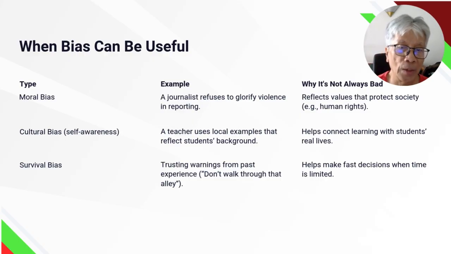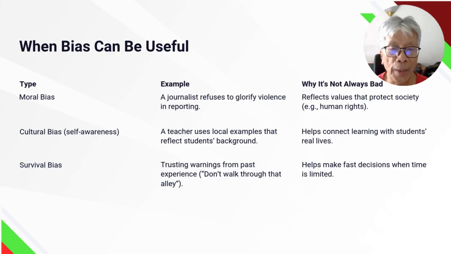Cultural bias, for example, a teacher using local examples that reflect student background. In the heat like this, in the middle of the day, for example, it's very difficult for students to read and concentrate. That's giving an example that helps to connect the learning with students' real life situation. But maybe it's not working in other areas.